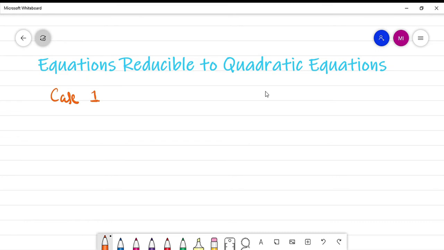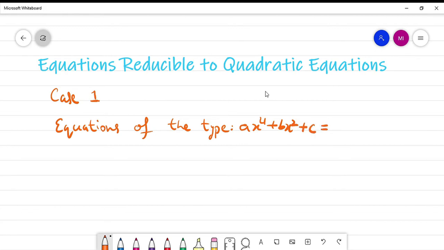In case 1, we have equations of the type ax to the 4th power plus bx squared plus c is equal to 0. Only quartic equations of this type.